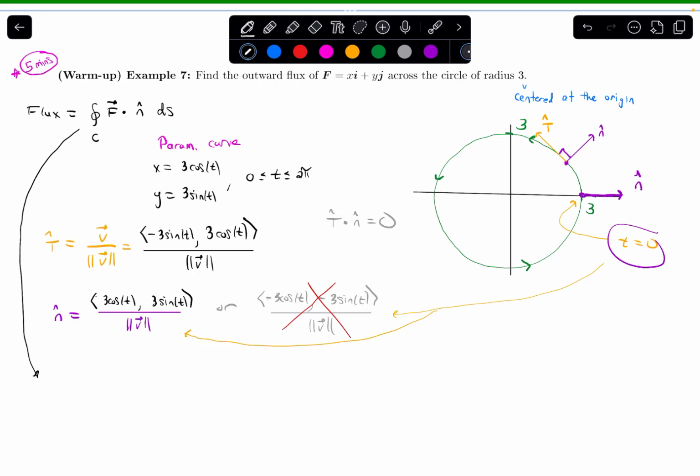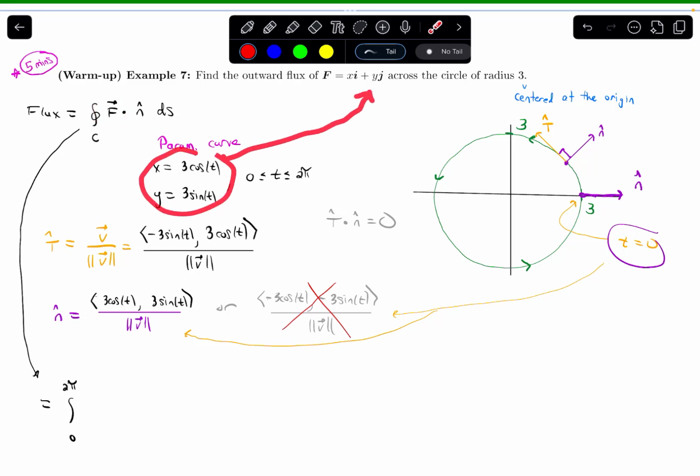We convert this to a regular integral, where t goes from 0 to 2 pi. And for our vector field, we have to plug in our parameterization. So for x, we're going to let it be 3 cosine t, and for y, we're going to let it be 3 sine t.